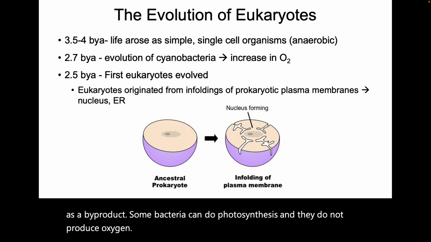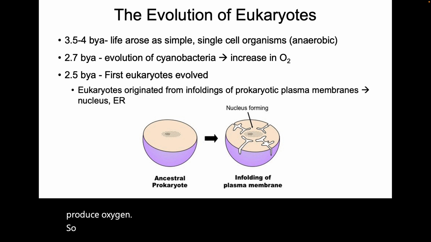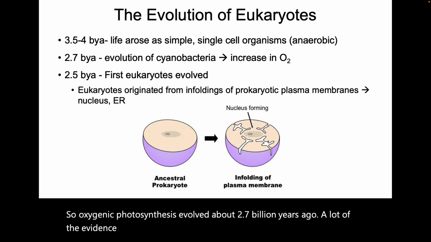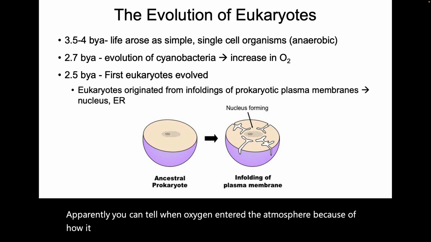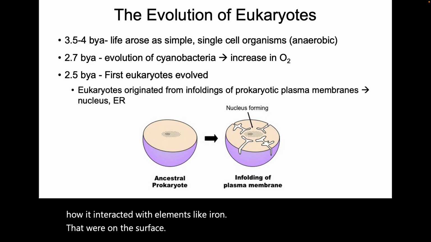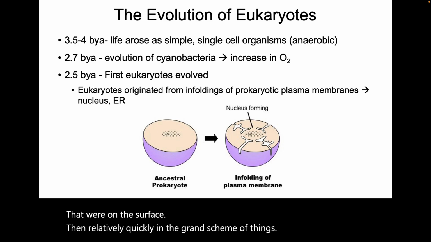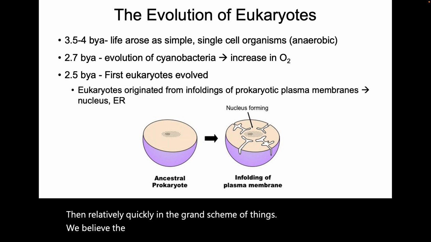A lot of the evidence for this date actually comes from geologists, because apparently you can tell when oxygen entered the atmosphere because of how it interacted with elements like iron that were on the surface. Then relatively quickly, in the grand scheme of things, we believe the first eukaryotes evolved.